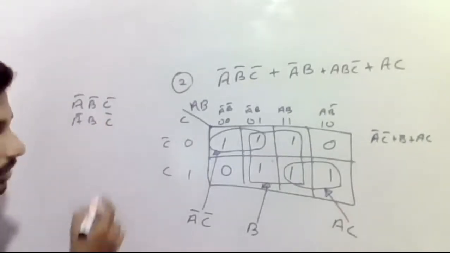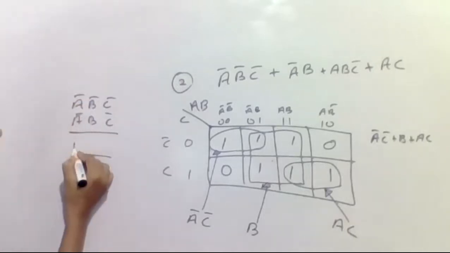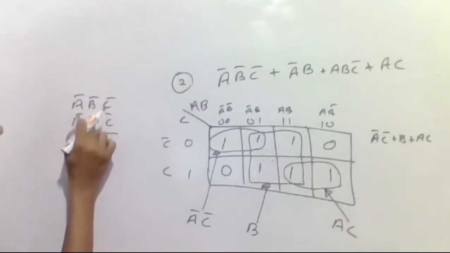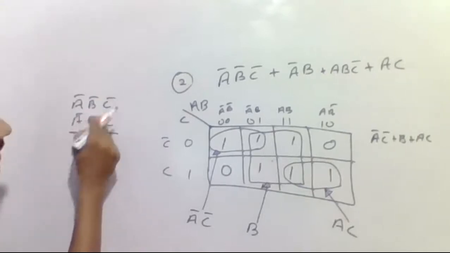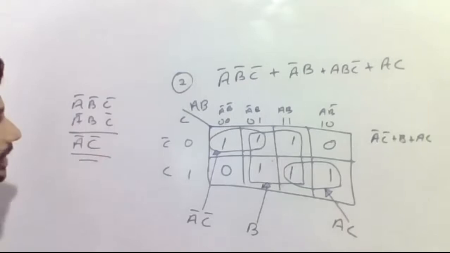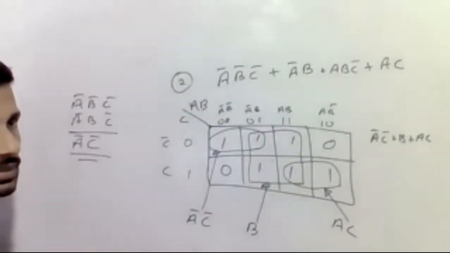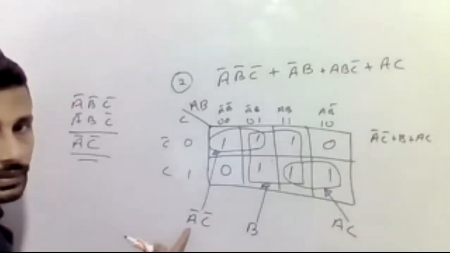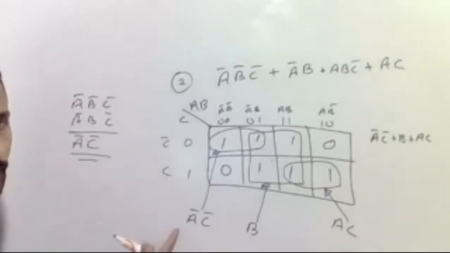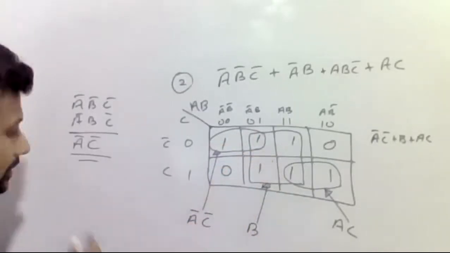Okay. When you look at this group, you can see the common one is A dash in both. B dash, B, so that is not common. Here C dash. So for the first group I am getting A dash C dash, same as it is. See? Same thing I'm getting by writing. I write for this one large group.